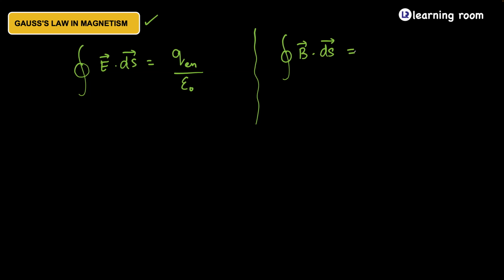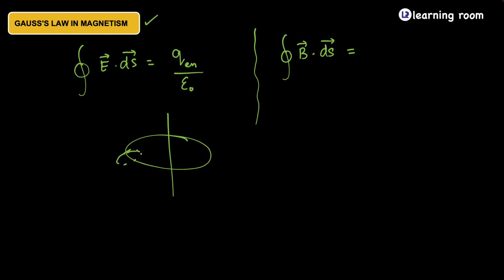Listen to this carefully. When I take the magnetic lines of force, that is the magnetic field lines, how are they going to be? They are always going to form closed loops. So wherever you consider the Gaussian surface, can I say that the number of field lines entering the Gaussian surface is equal to the number of field lines leaving it?